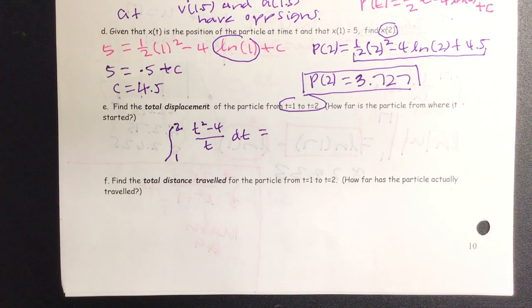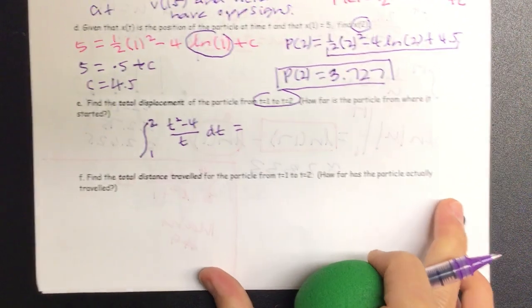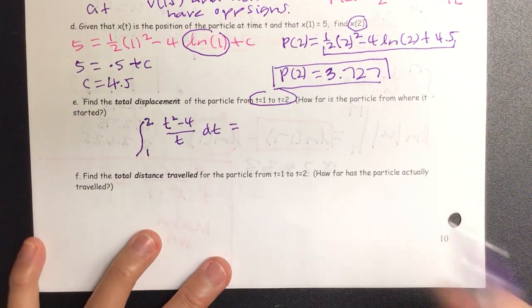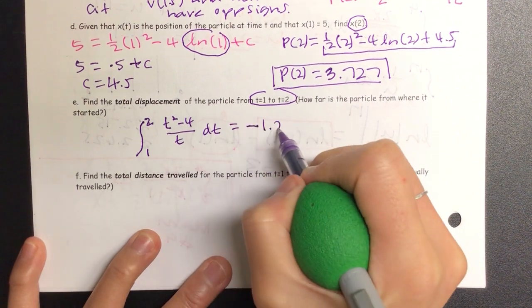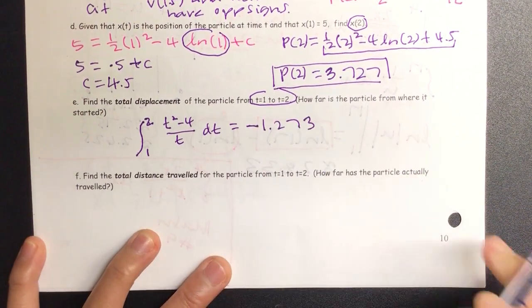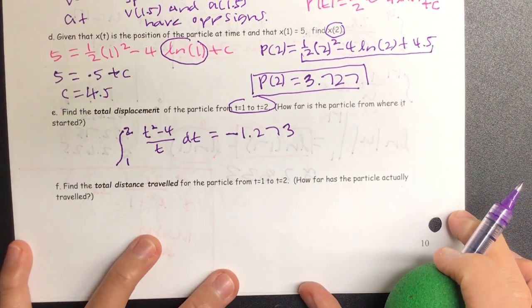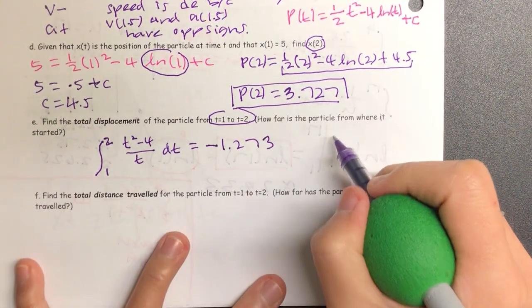Negative 1.273. If you want to draw the next piece with me, go for it, but you don't have to. I'm going to explain why that's a negative number.